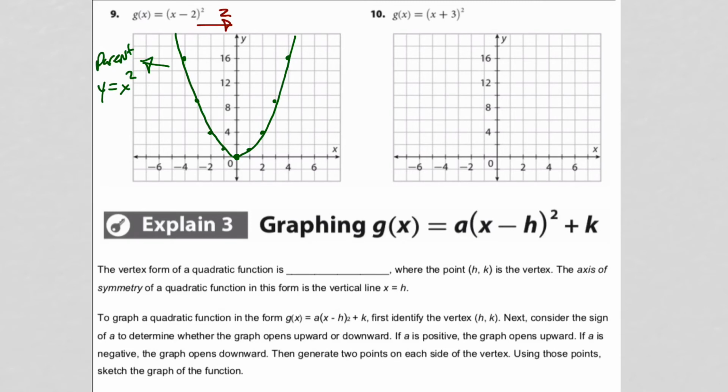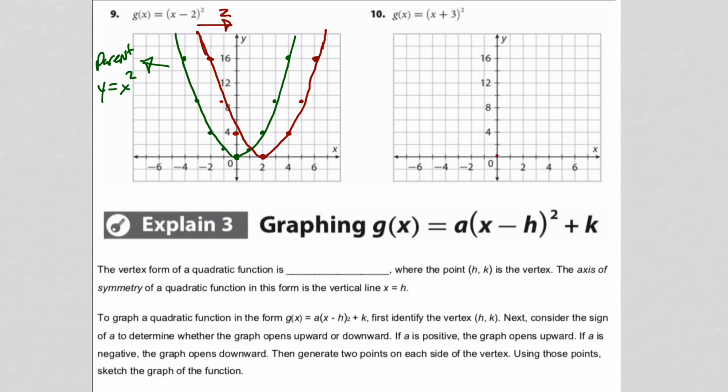So all I really have to do is shift everything 2 to the right, and you kind of get the idea that once everything is moved over, you get the horizontal translation of the function. It's just been moved over 2.